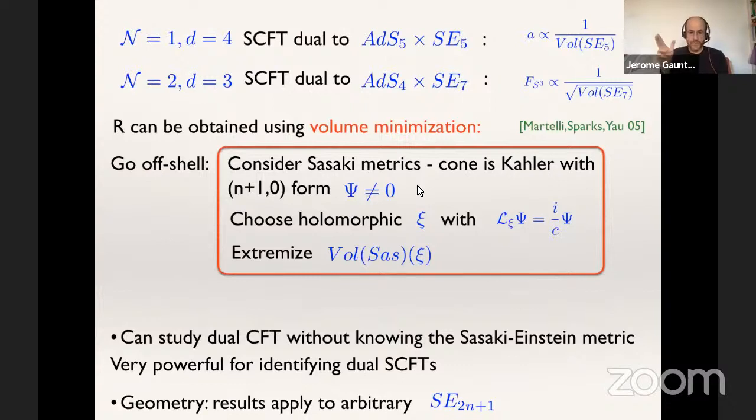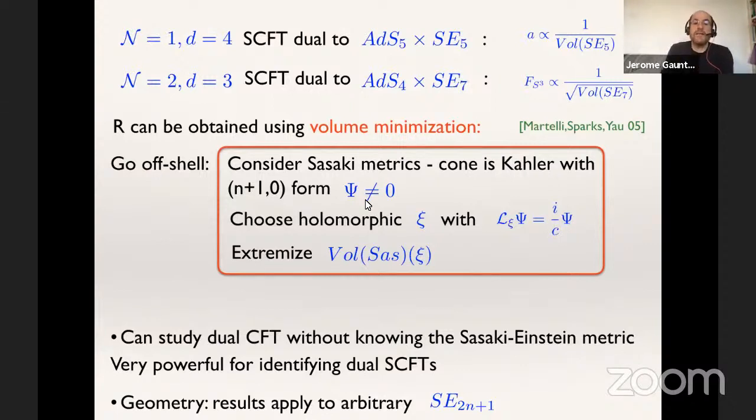So when you go off shell, a Kähler cone still has that property. So what you do is consider the space of Kähler cone metrics, or Sasaki metrics equivalently. You choose a holomorphic Killing vector xi, and a technical point, but it's important, is you hold the charge of this holomorphic form to be fixed. C should just be 1 here. Or sorry, I think it should be n.